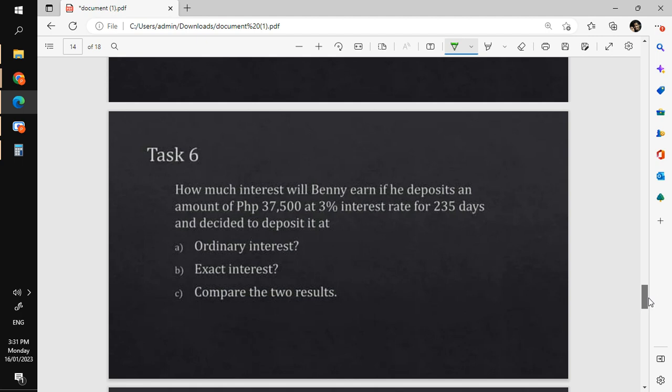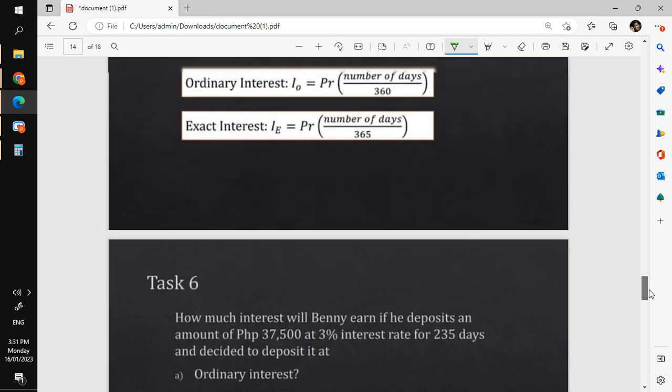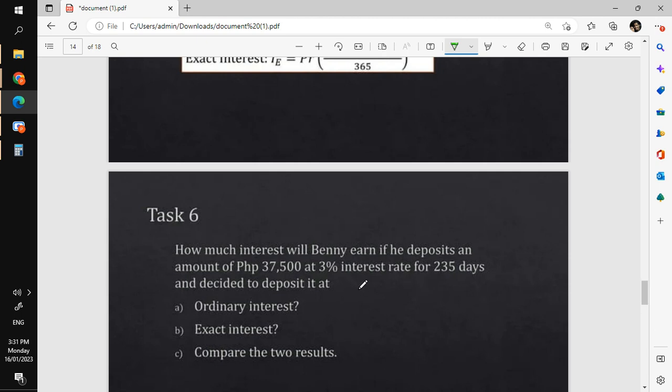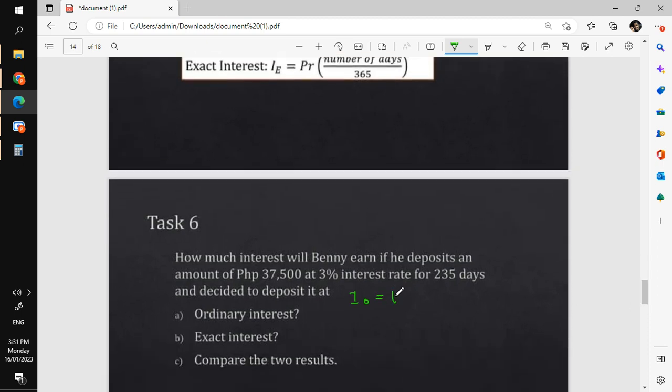So you have in here two problems with two formulas to be used. Let's begin by using the ordinary interest.